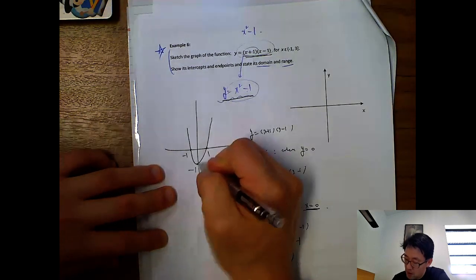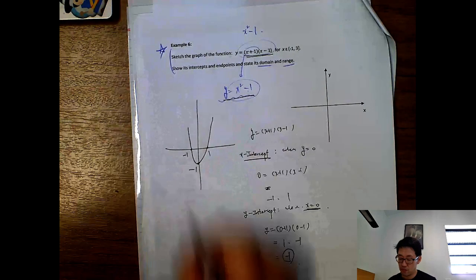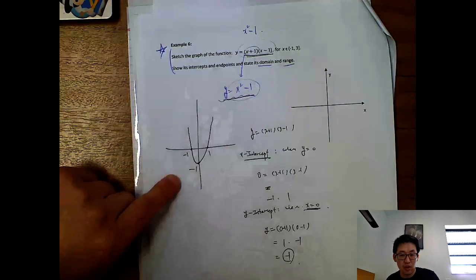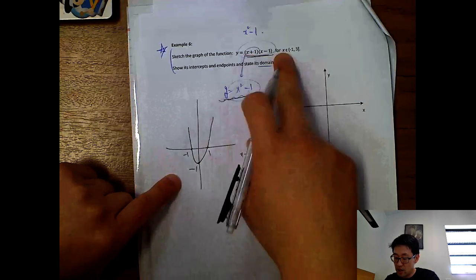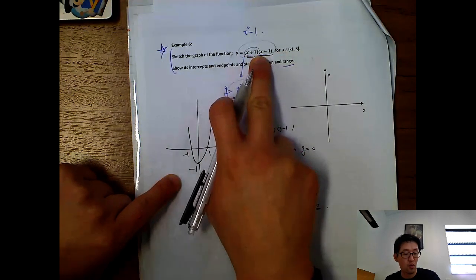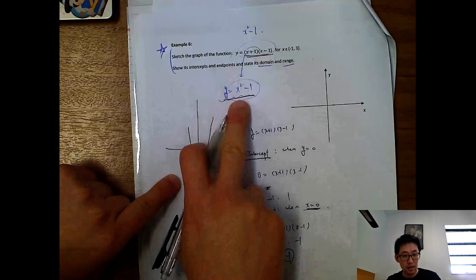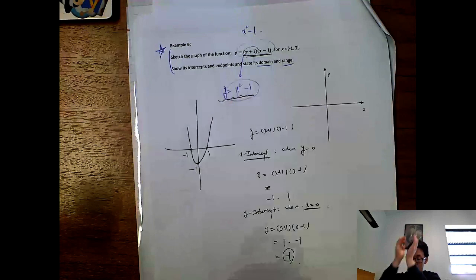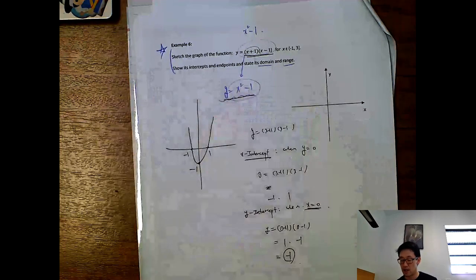Therefore, the y-intercept is minus 1. Those 3 points I know, and the graph is positive, isn't it? Because x times x will give you x squared, which is positive. So I know this looks like a positive graph. That's the only possibility I have.